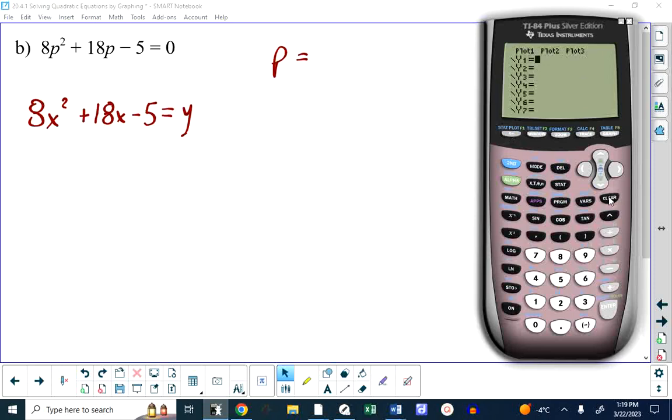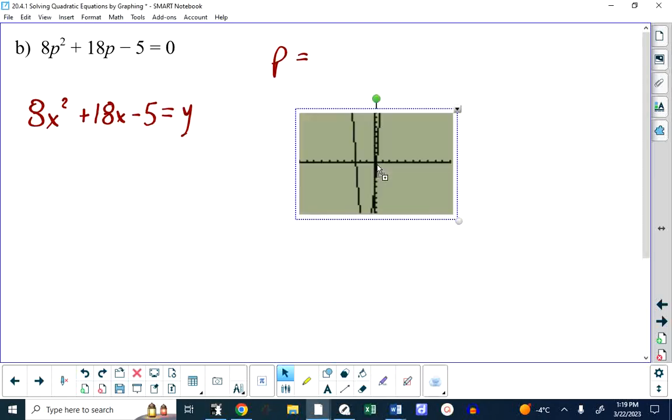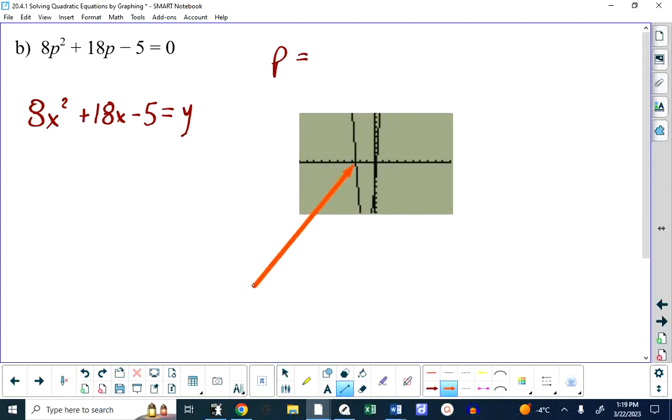All right, what do we have? 8p squared, so 8x squared plus 18x minus 5, zoom 6. Always double check your entry before you commit yourself to the graph. I hope everybody understands that this x-intercept here is on a part of the graph that's very steep.